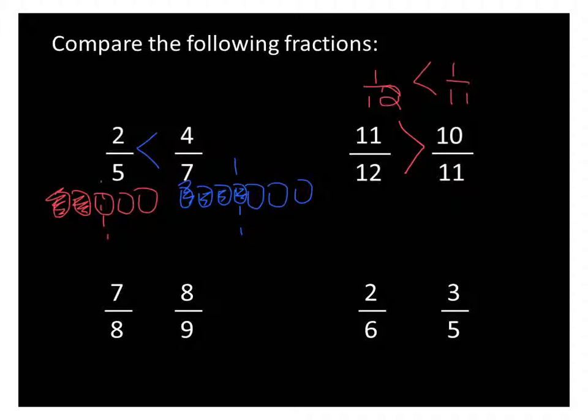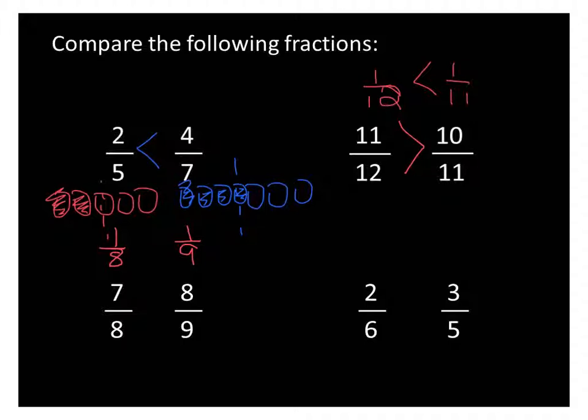Let's look down at 7/8 and 8/9. This is also one of our 1 unit fraction away from a whole problems. So we can write what unit fraction is missing. 1/8 is missing from 7/8 to be a complete 1 whole. 1/9 is missing from 8/9 to be a complete 1 whole.